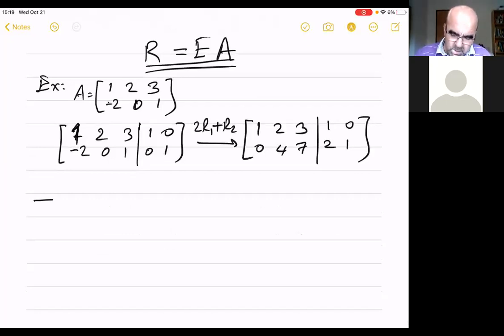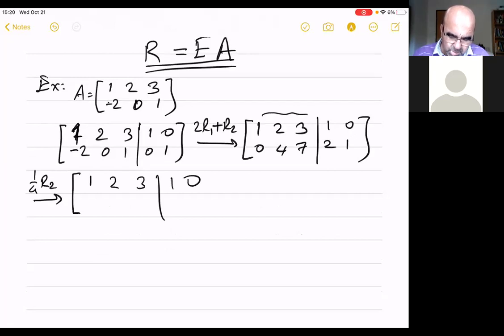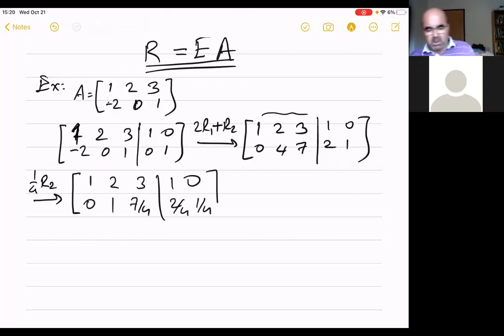Then divide the second row by 4. Here I want to get the row reduced echelon matrix: 1, 2, 3, 1, 0, and when you divide by 4, 0, 1, 7 over 4, 2 over 4, 1 over 4, so that the leading entry is 1.